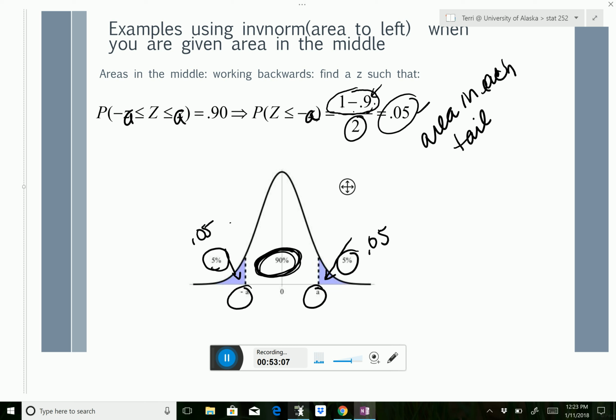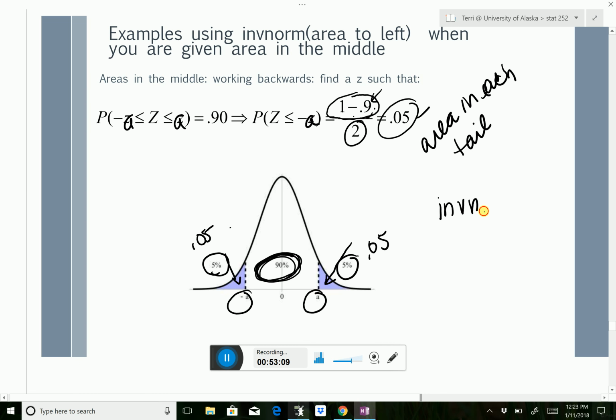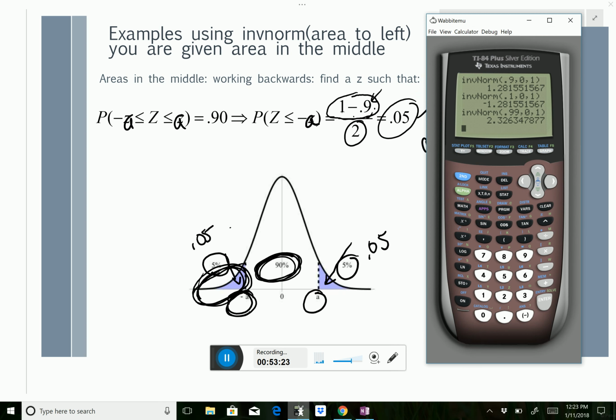Now what I can do is use inverse norm of 0.05 to get this number, since this area is 0.05. So if I do that, inverse norm 0.05, then I get negative 1.645.